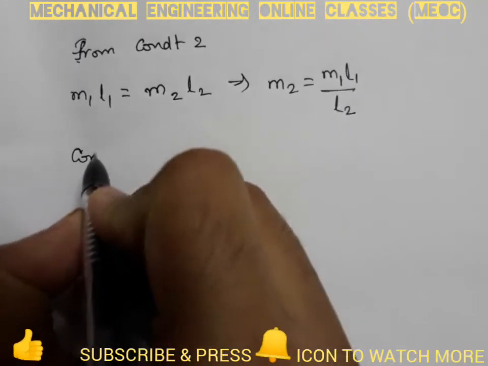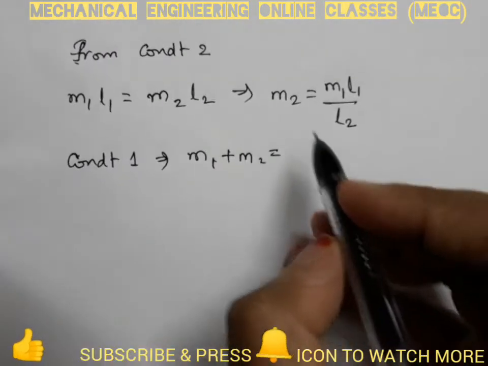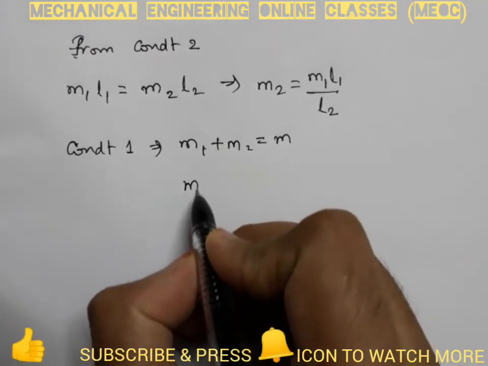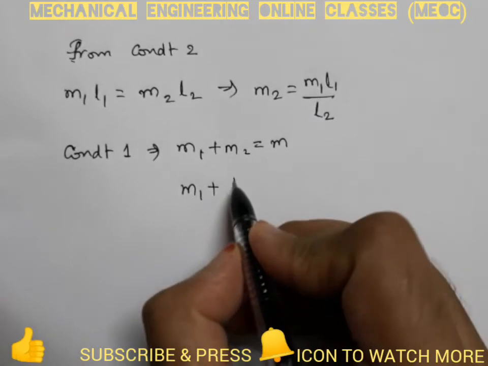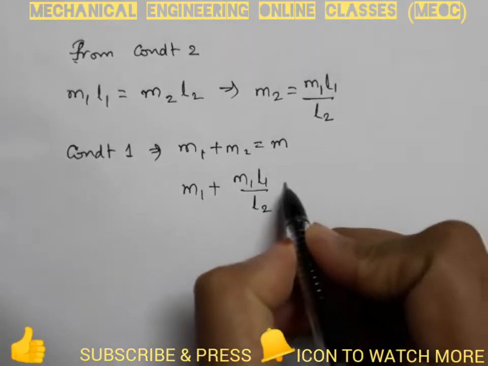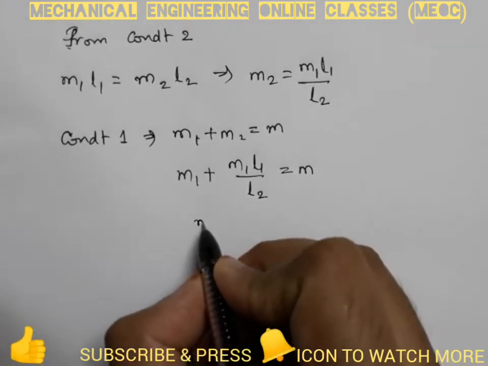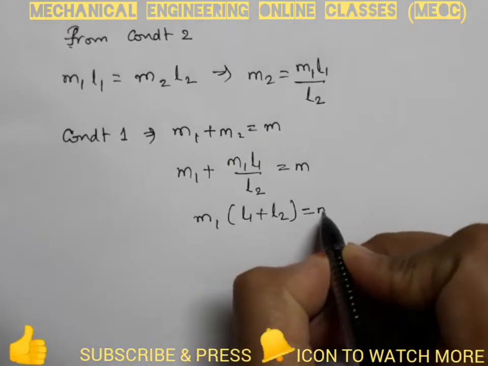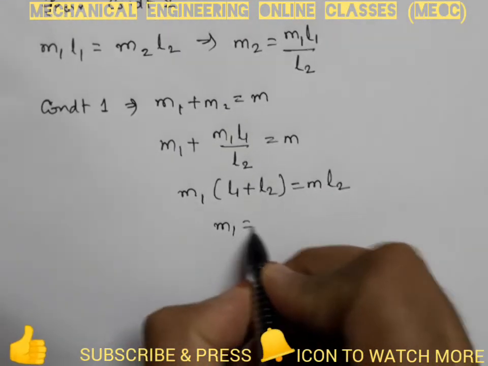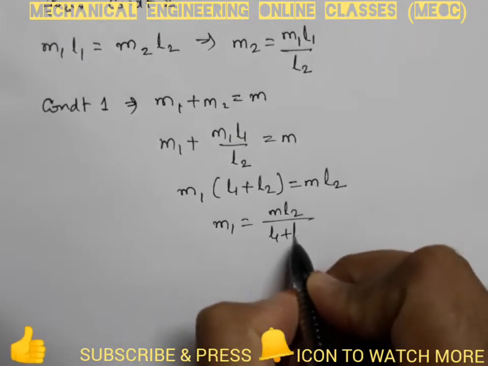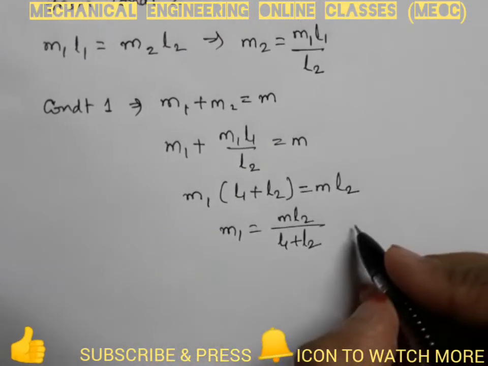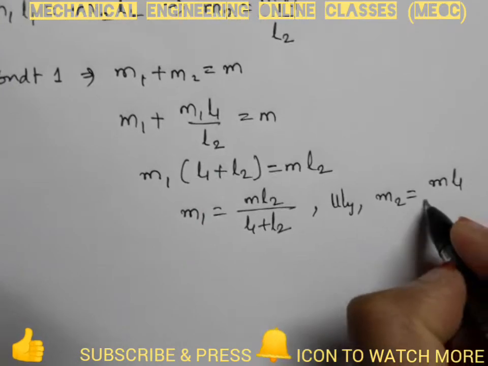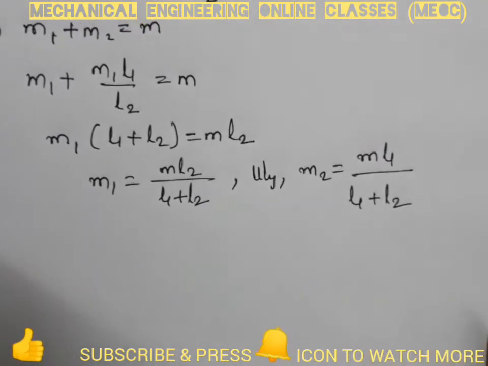Condition number 1 is M1 plus M2 is equal to M. So we can write this as M1 plus, in place of M2, M1L1 by L2 is equal to M, or you can write M1 into (L1 plus L2) is equal to M into L2, or simply M1 is equal to ML2 by (L1 plus L2). Similarly, M2 can be written as ML1 by (L1 plus L2).